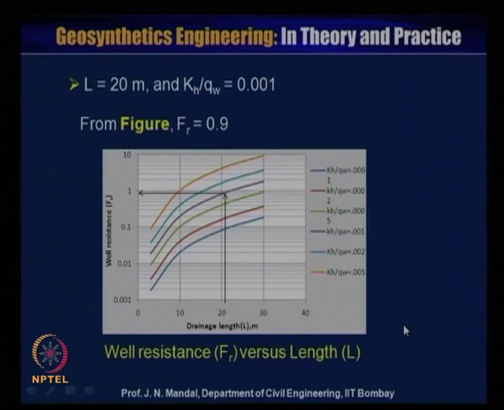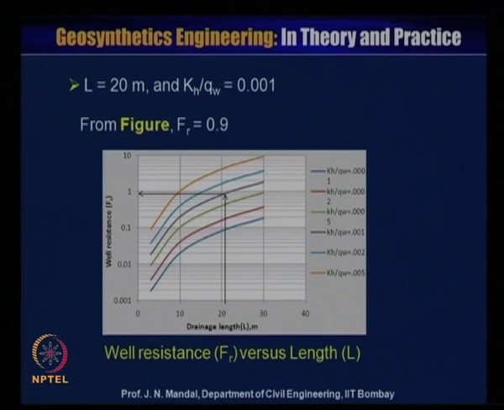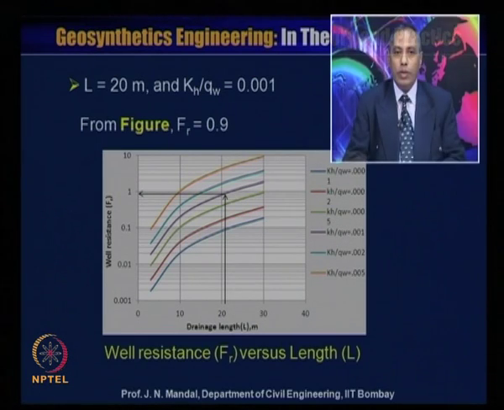Now, you know the length is equal to 20 meter and kh by qw is equal to 0.001. So from this figure you can calculate what is Fr. Here is the design length, 20 meter, and here is kh by qw, that is 0.001.